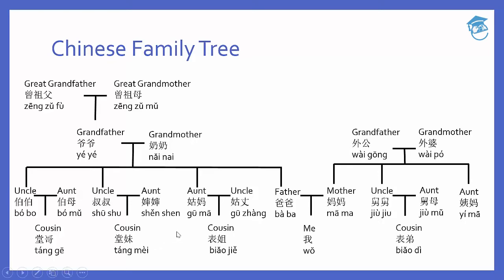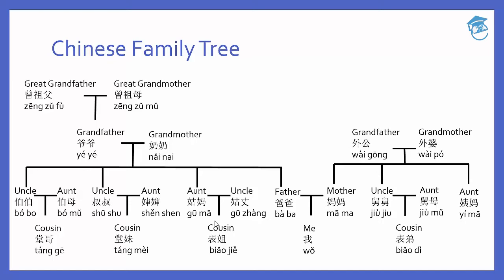But when it comes to the aunt's children, 姑姑的子女, we have different names, because these cousins do not have the same family name as I do. So that's why we have another name for them. For example, if the female cousin is elder than me, I call her 表姐.